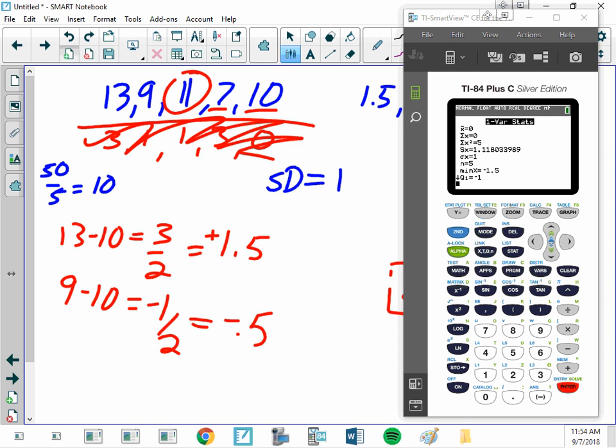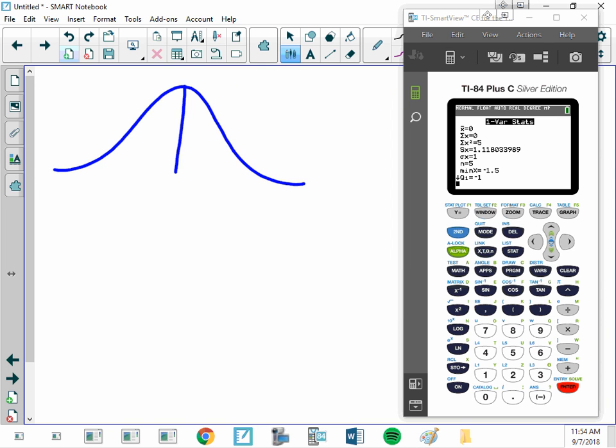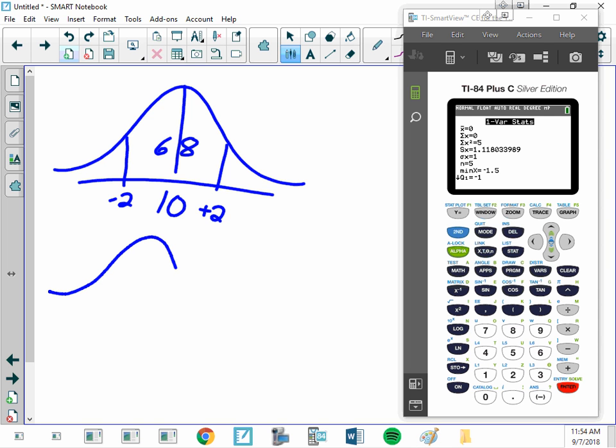Well, let's do it this way. 10. And then if I want to capture 68%, how far to the right do I go? Nope, not if it's 10. What was the SD of the original list? 2. So this is plus 2 and this is minus 2. When I convert it to standard units, 0, how far do I have to go to capture 68%? 1.